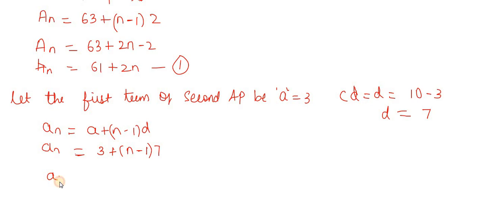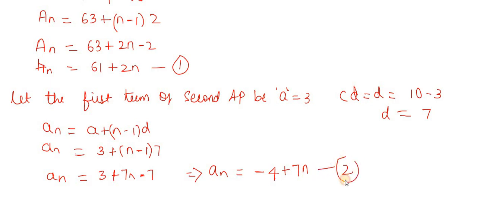Simplify this. an is equal to 3 plus 7n minus 7. Now simplify it further: 3 minus 7, so we'll get minus 4 plus 7n. Call this equation 2.